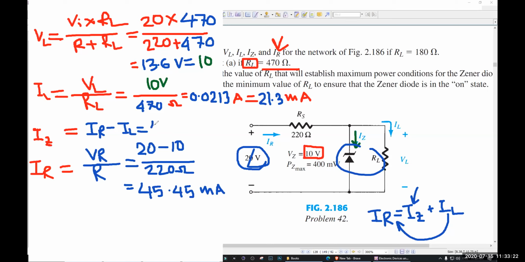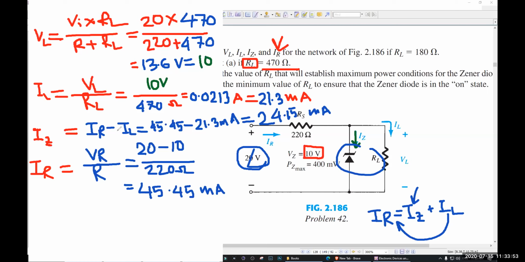IR is equal to 45.45, IL is equal to 21.3 milliampere. So what is your answer? 24.15 milliampere. Okay. Now next question.